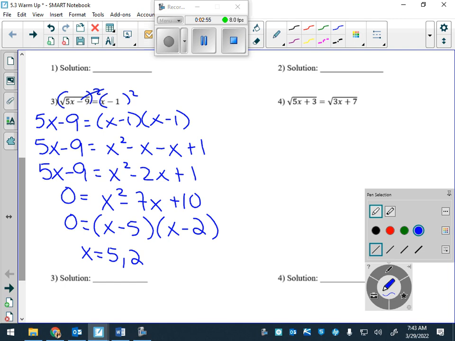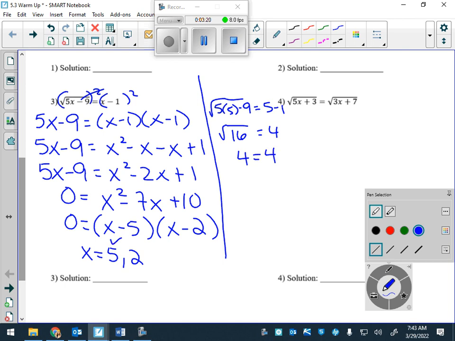Okay. When we plug those in, if we start with 5, equals 5 minus 1. So 5 times 5 is what? 25 minus 9? 16. What's the square root of 16?